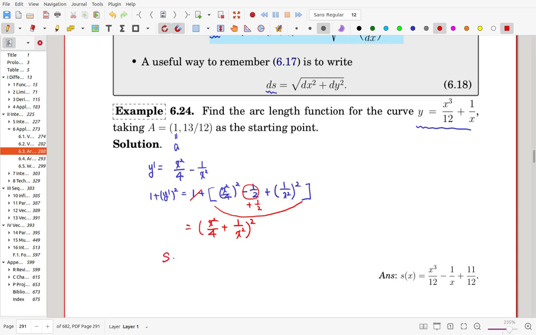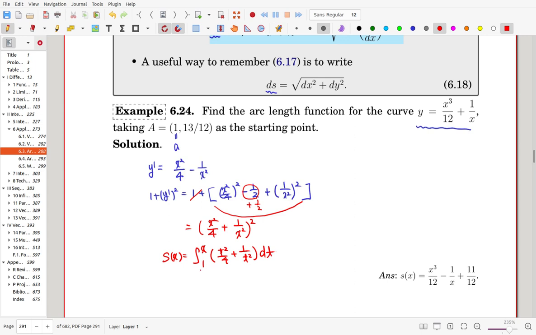So the arc length function is defined in this way. S of x is the integral from 1 to x, and we put this as a function of t, so that is t squared over 4 plus 1 over t squared, and the square root of that, so we ignore that portion, and dt.